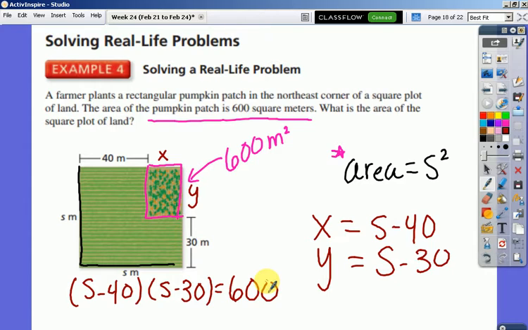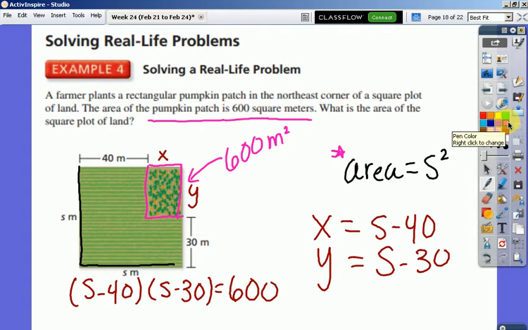Well, this is a really tough problem because it's having you multiply this first, because you still don't know what s is. You can't just say s minus 40 equals 600 and s minus 30 equals 600 unless it's what? A 0. Is this a 0? No. So we're going to have to use FOIL or whatever and multiply it out, right?